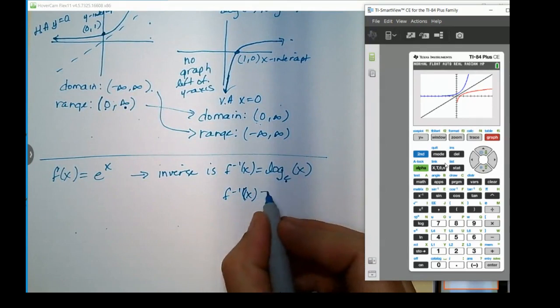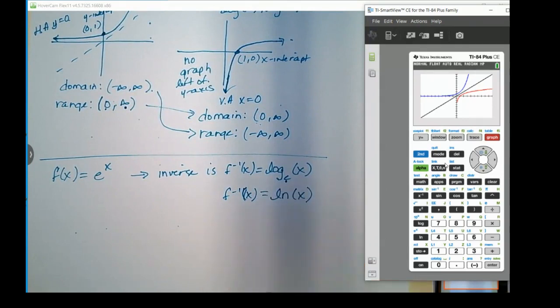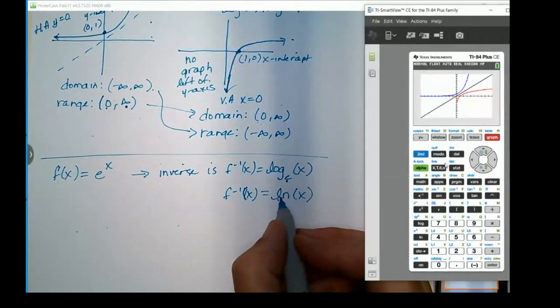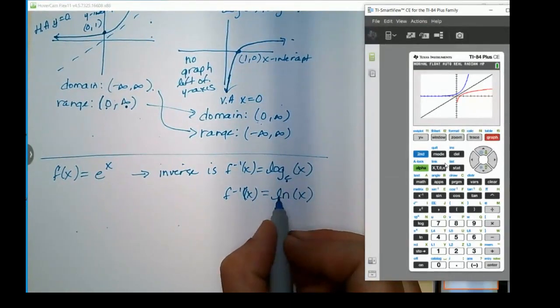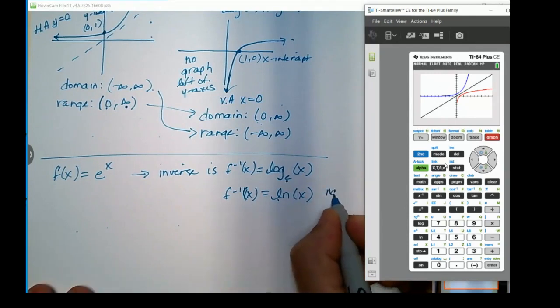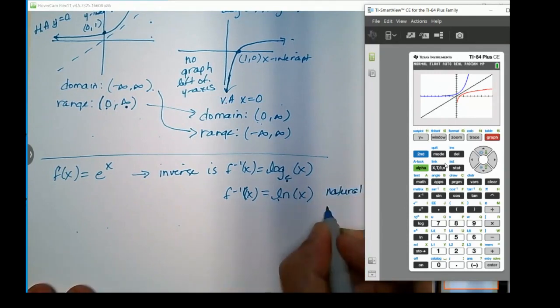Usually instead of writing it as the log base e, we call it the natural log. And I think the reason that this is ln and not nl is because this actually came from another language and the words were switched. So this is like log natural, but this is actually called the natural log.